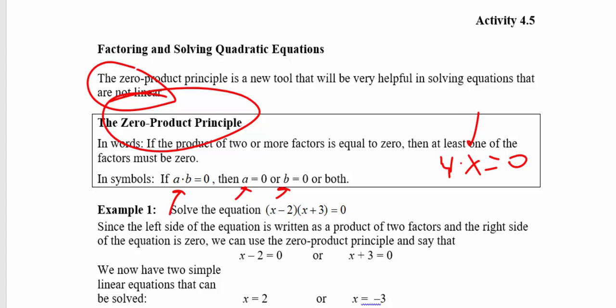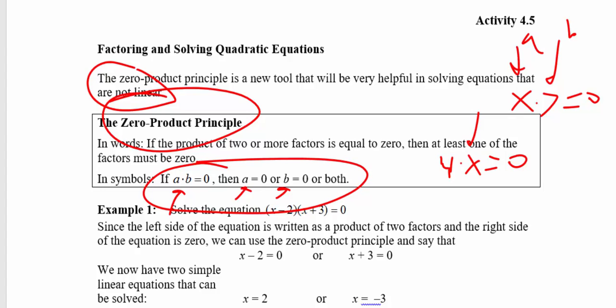Or if I had x times 7 equals 0, think of this as your A, think of this as your B. One of those items has to be 0, so the x would be 0. So that's what they're saying here. If A times B is 0, either A is 0 or B is 0.